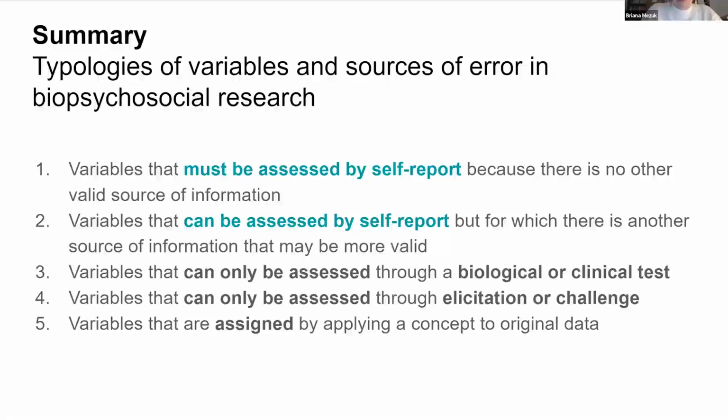The first is variables that must be assessed by self-report because there's no other valid source of information. Variables that can be assessed by self-report, but for which there is another source of information that might be more valid. Variables that can only be assessed through a biological or clinical test. Variables that can only be assessed through an elicitation or challenge. And finally, variables that are assigned by applying a concept to the original data.